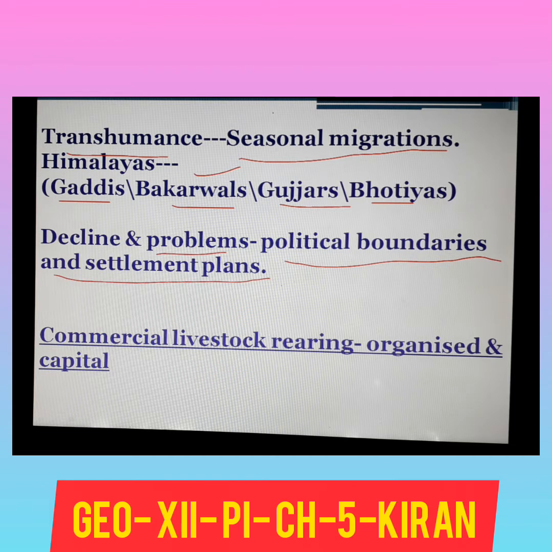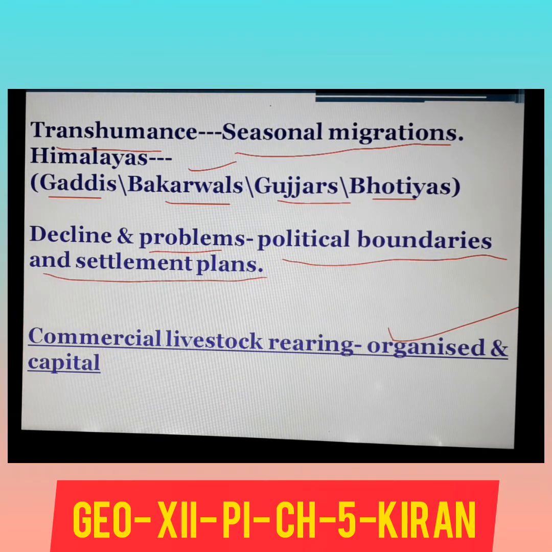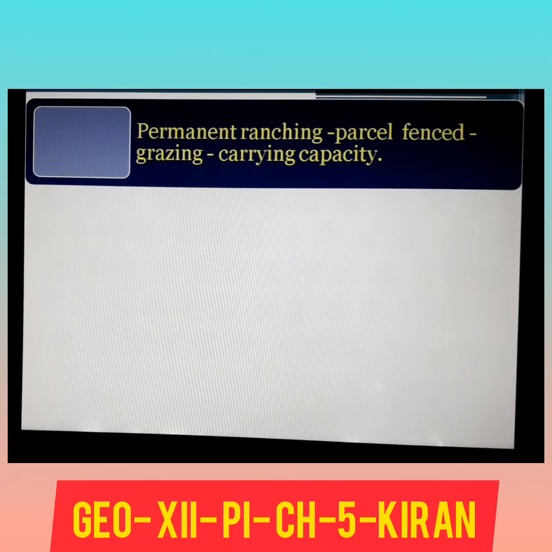So in the next part, we will understand about commercial livestock rearing, which is in an organized way and capital intensive. In commercial livestock rearing, the animals are reared in large numbers and there are permanent ranches.